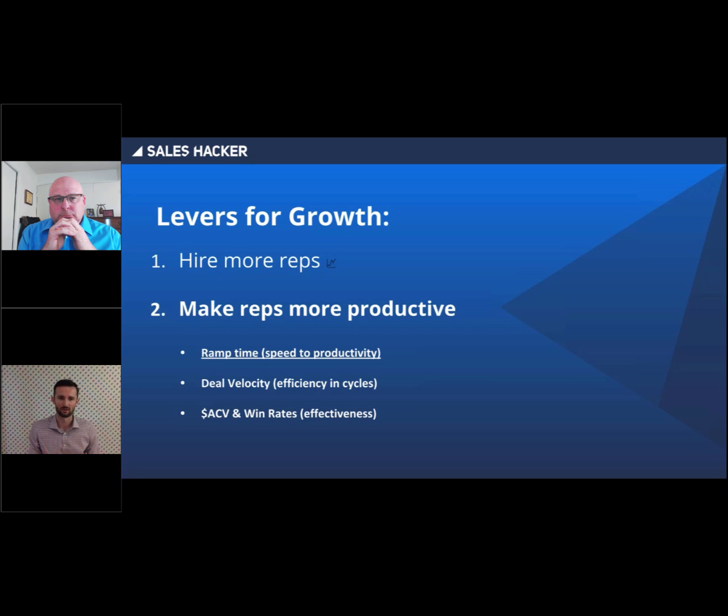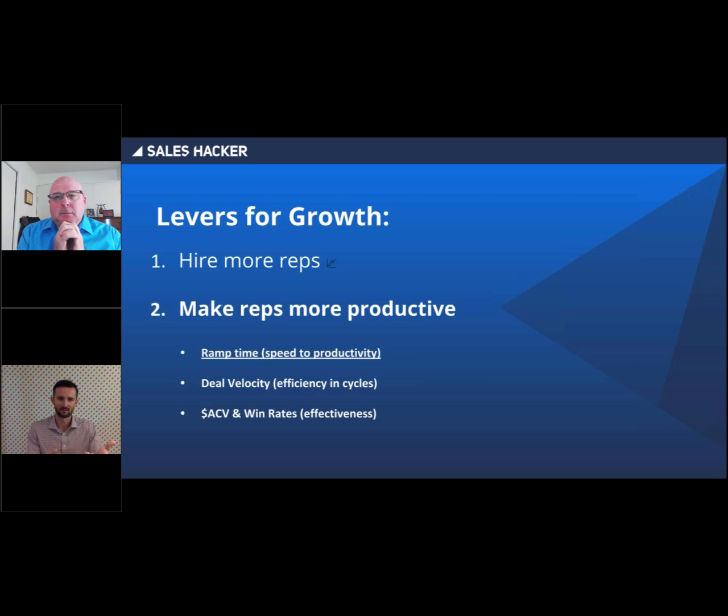The other two things that cascade beyond that are efficiency and effectiveness. You can think of efficiency as deal velocity, or cycles, and effectiveness as the ability to capture larger contract values and increase the number of wins so that overall win rates go up.